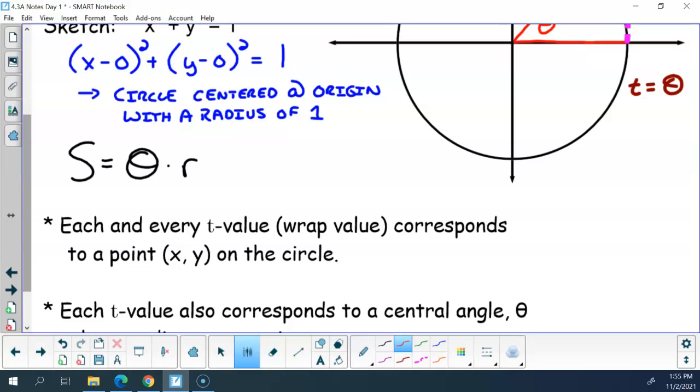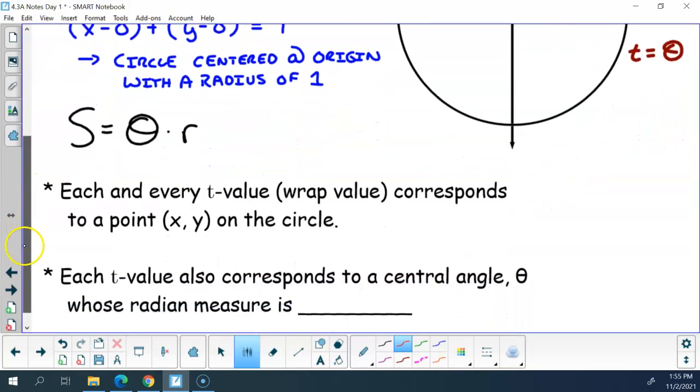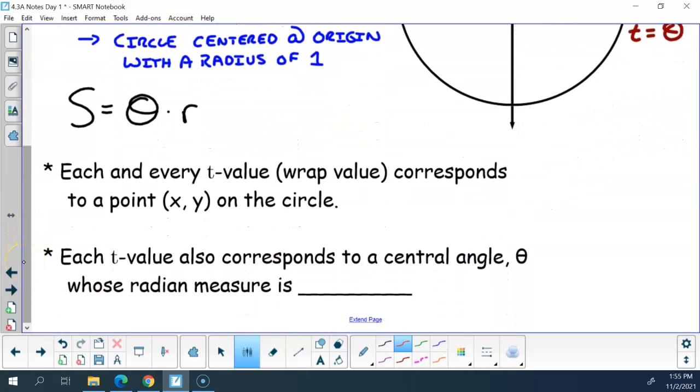Each and every t value, wrap value, corresponds to a point x comma y on our unit circle. And each t value also corresponds to a central angle theta, whose radian measure then would be t.